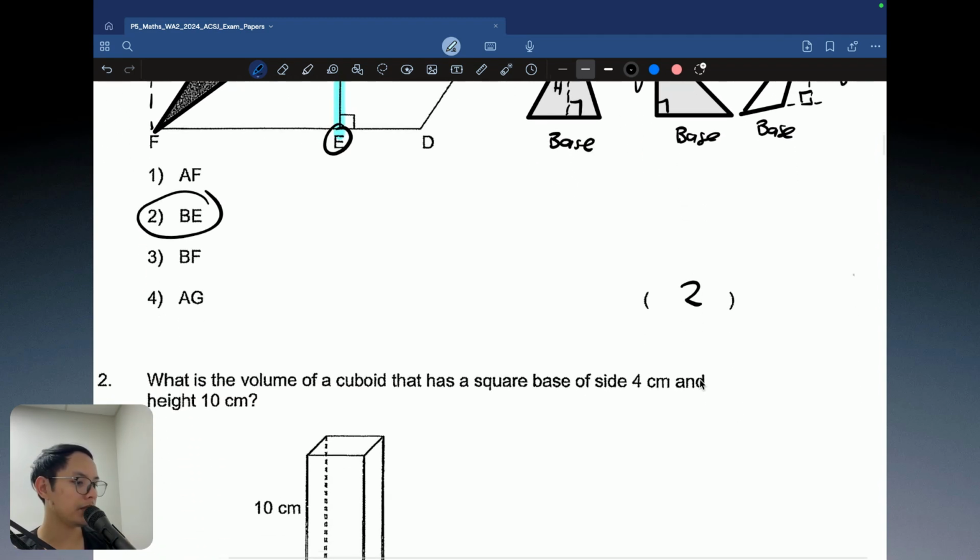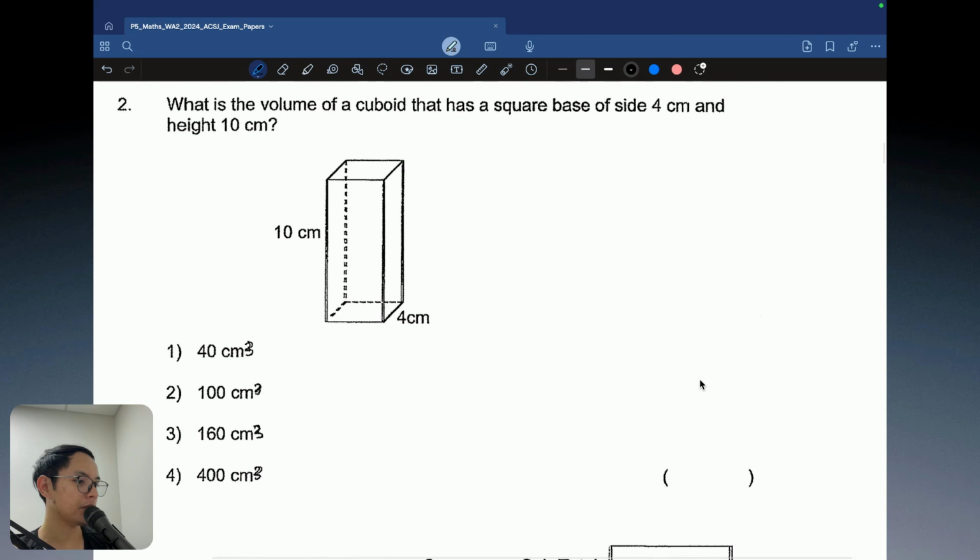All right, so let's move on to the next question. Question 2: What is the volume of the cuboid that has a square base of side 4 cm and height 10 cm? So this is the flat version of the square, that's what you see over here. One side of it is 4 cm. What is the property of a square?